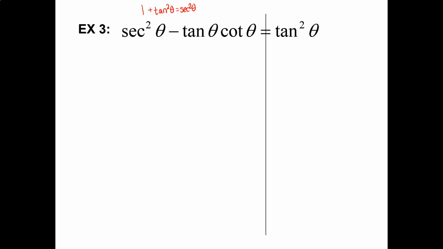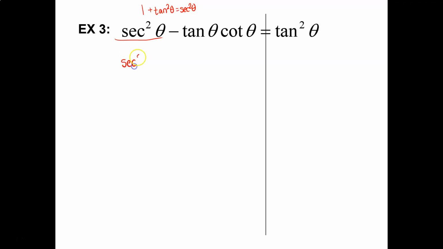I feel like I might could go somewhere with that, possibly. So I am not going to mess with this secant squared right now. But tangent, cotangent, that's a problem. But if we think about those quotient identities, they're just the reciprocals of each other, right? So you could actually do this a couple ways.